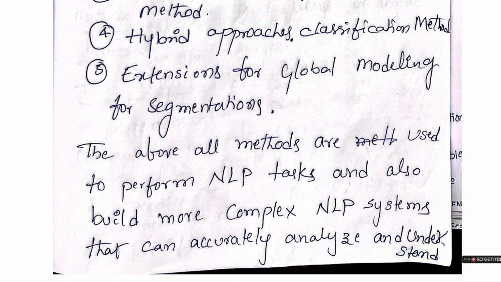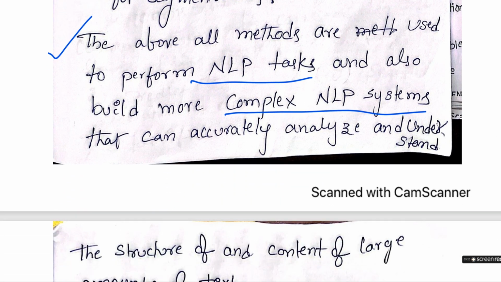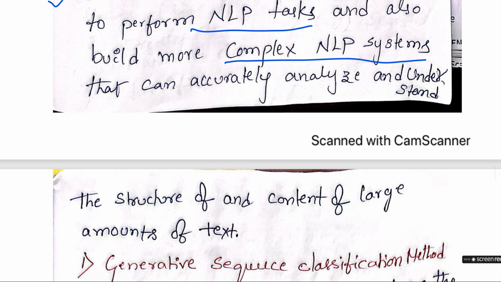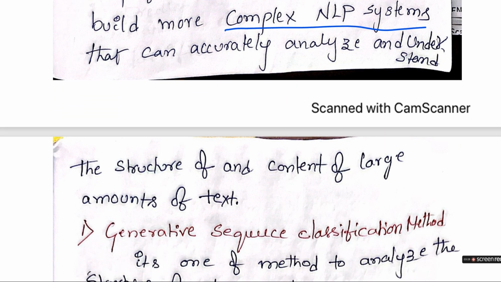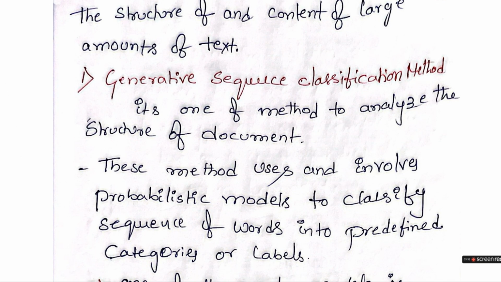All these methods are used to perform NLP tasks, and by using these different methods we also build complex NLP systems. Those complex NLP systems will accurately analyze and understand the structure of the document and the content of a large amount of text. Okay, so now coming to the first method, that is the generative sequence classification method.